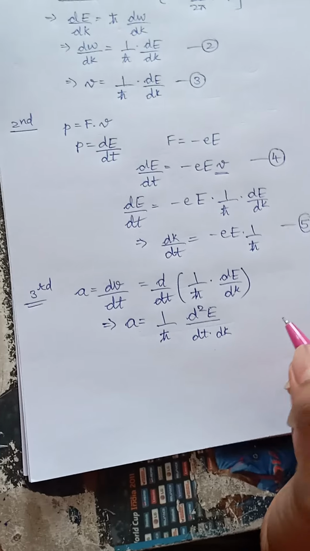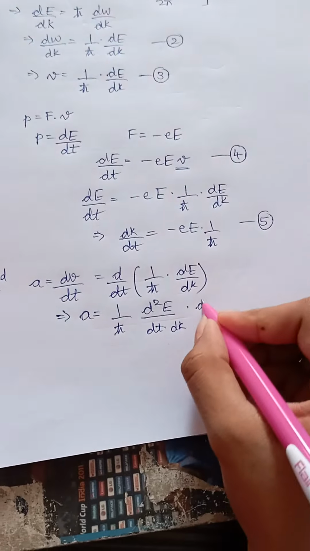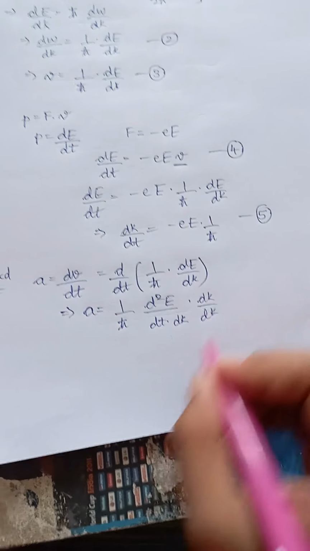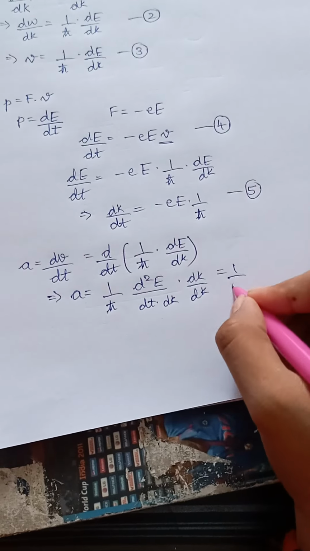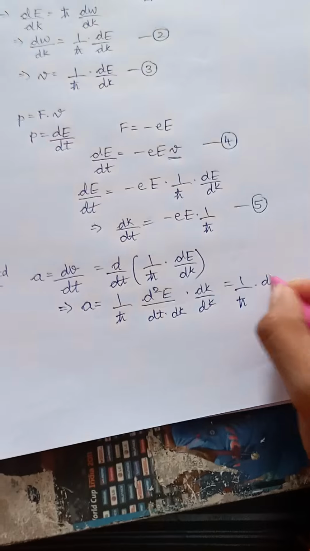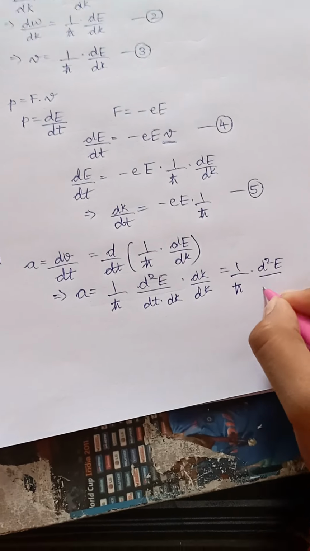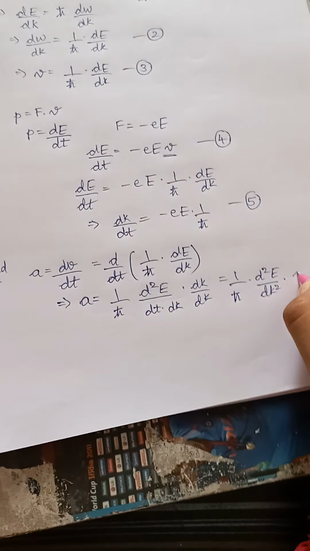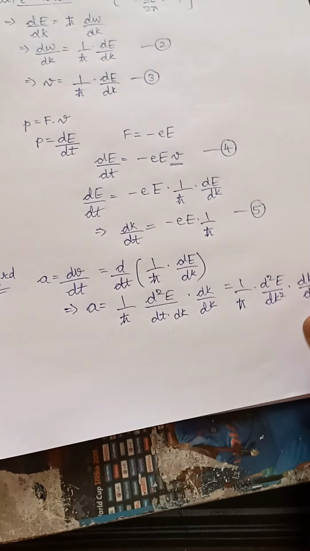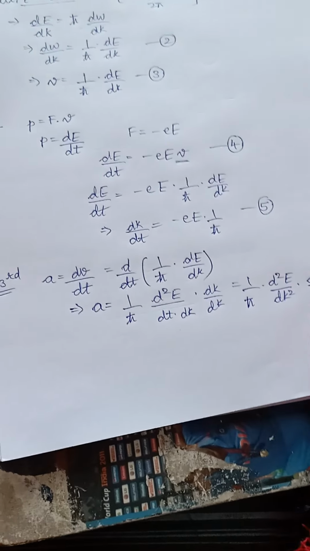Now what I'm going to do is multiply and divide by dk. Why am I doing this, let us see. 1 by ħ into d²E/dk², so that we can simplify and write the term, and we have the value of dk/dt.